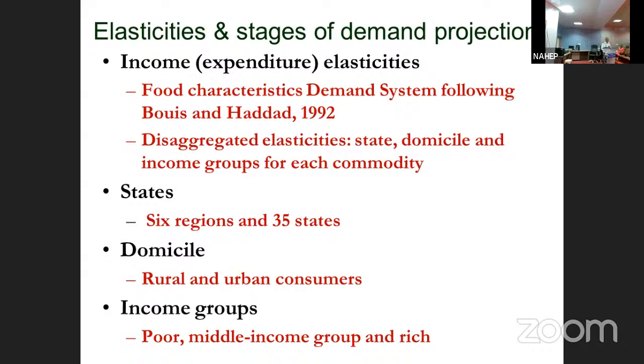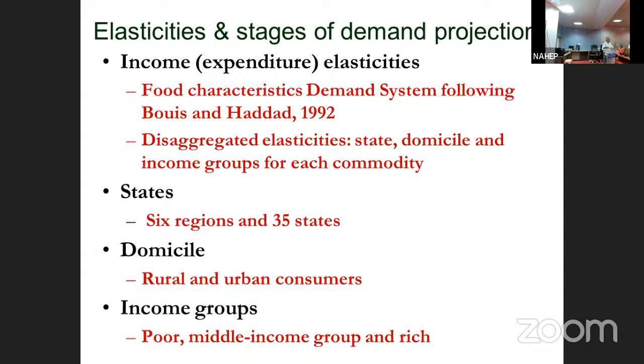So my suggestion is that you do your analysis at a disaggregate level. Work out the demand for each cell and then add up. Then you can go for domicile, rural and urban separately. You do the 35 states separately, which gives 70 cells.